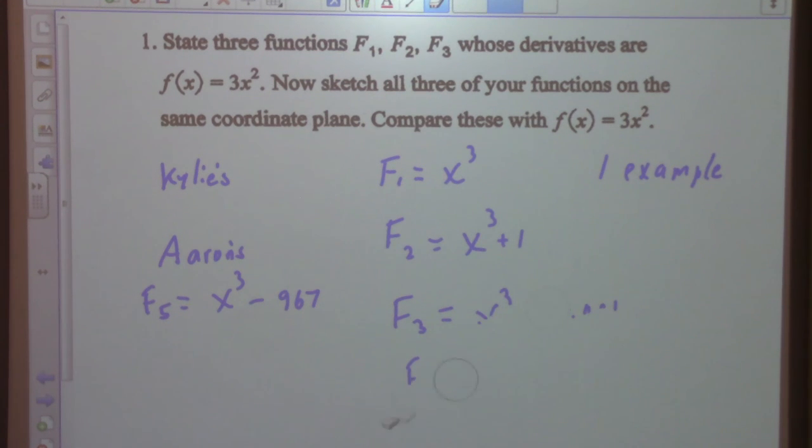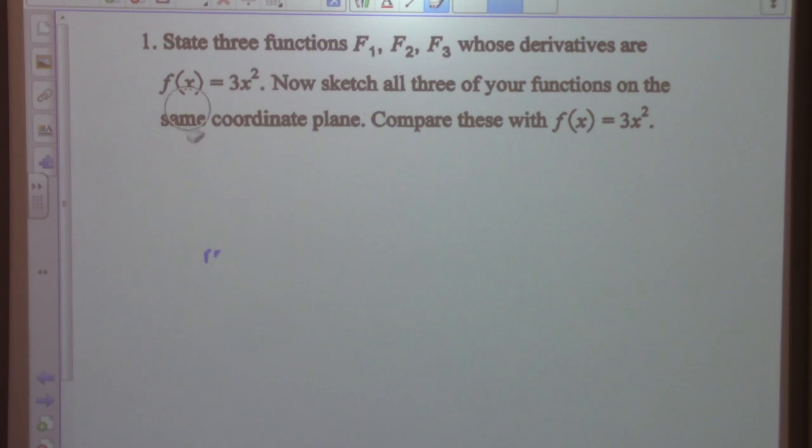I'm going to erase to leave myself some space. What we say is the antiderivative of f of x is equal to big F of x plus c, where c is an arbitrary constant.